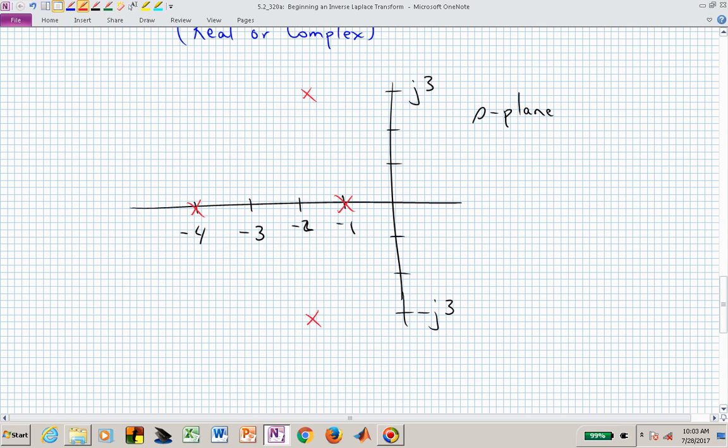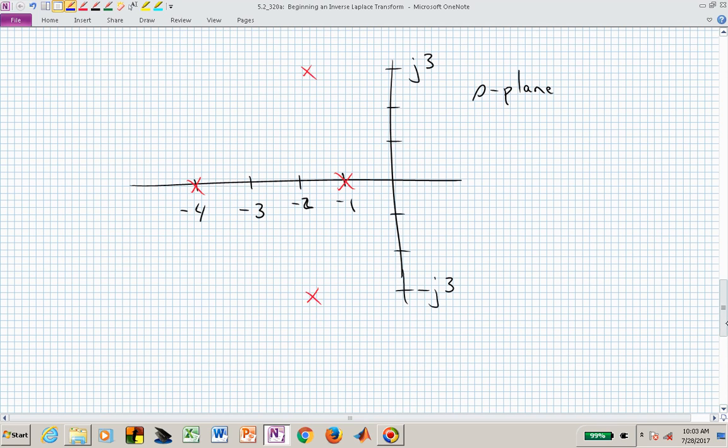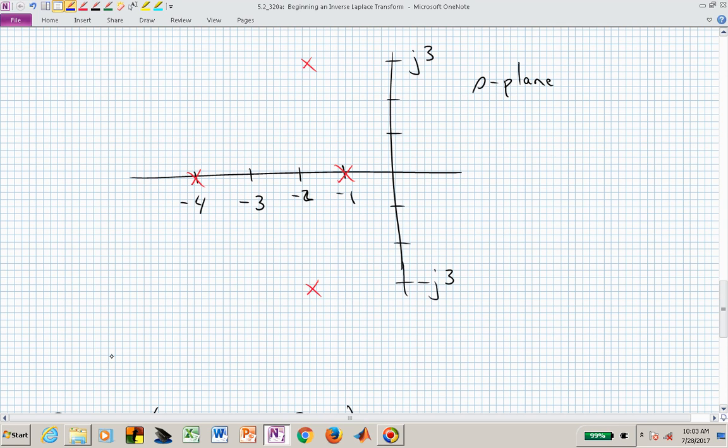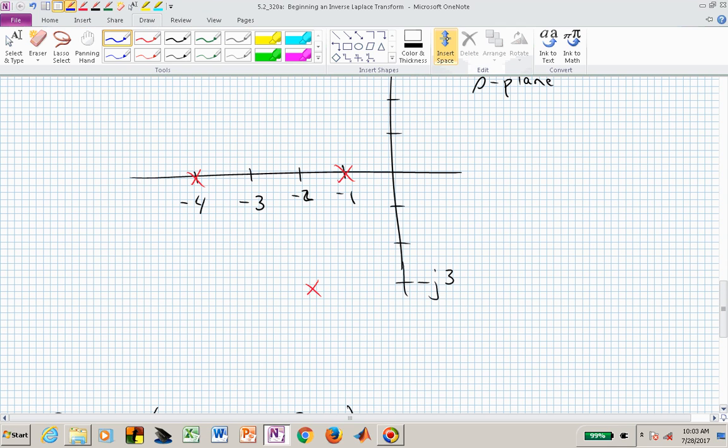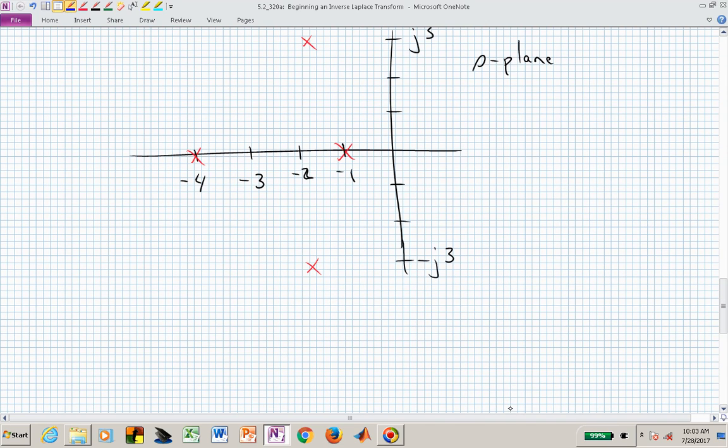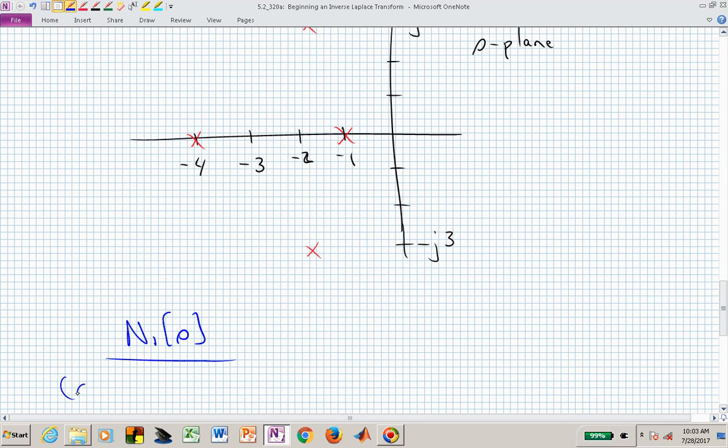In this particular case, we could then say the associated transfer function or transform is now some polynomial in the numerator, n sub 1, over, and how many poles do we have?